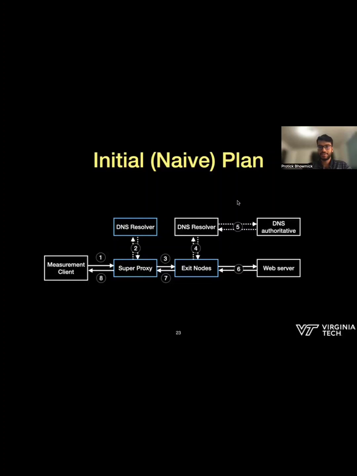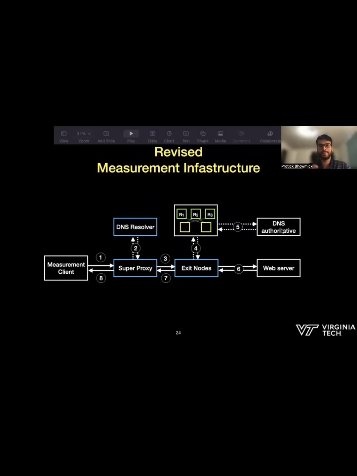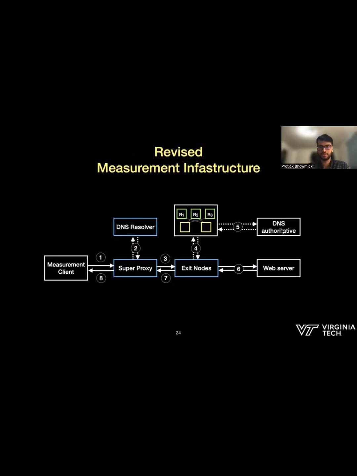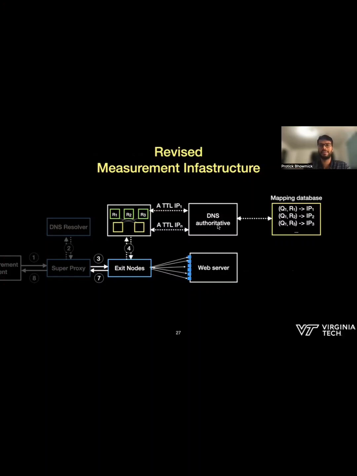So now we make some changes in our initial plan. What we do is accommodate the idea of an exit node using multiple resolvers. So we make some changes in our DNS authoritative server as well as the web server. First of all, in our web server, we now use multiple interfaces, and each interface has a distinct IP associated with it. And in our DNS authoritative server, we keep a mapping database.